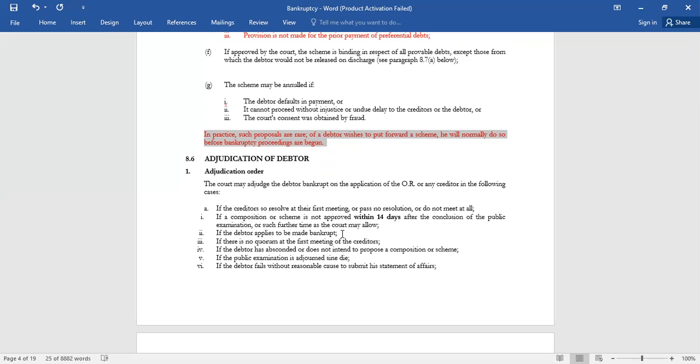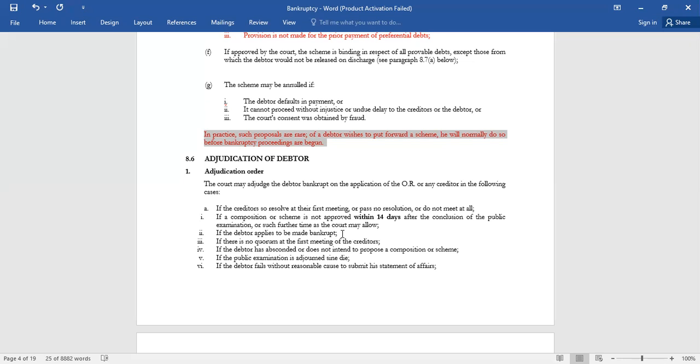So creditors can decide, we don't want to listen. That guy has been promising, not honoring their promise. So they fail to meet for an agreement or a scheme of arrangement. In that case, the court will go ahead and adjudicate the matter and confirm that you are indeed bankrupt.